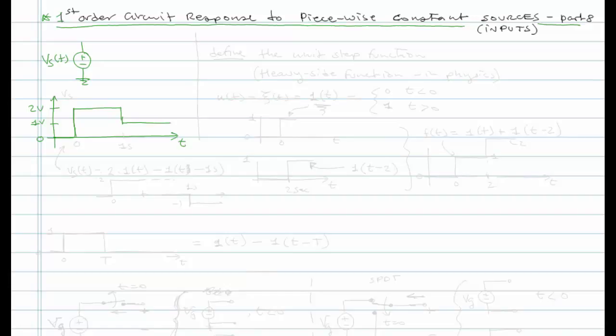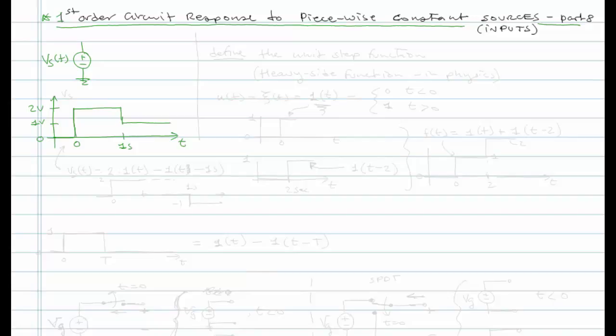So at time 0 it goes to 2 volts, and then maybe at 1 second it goes down to 1 volt, and it could keep switching around. But the point is that within any interval of time it is constant, but then it can switch to another constant value. And we're going to look at how we can analyze the first order response of a system that is driven or powered by such a source.